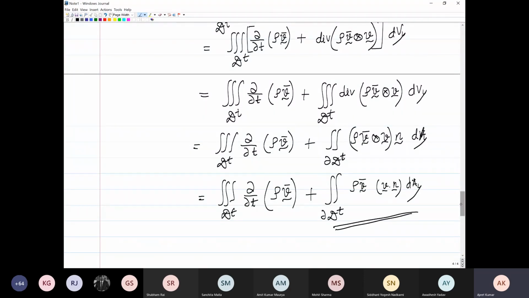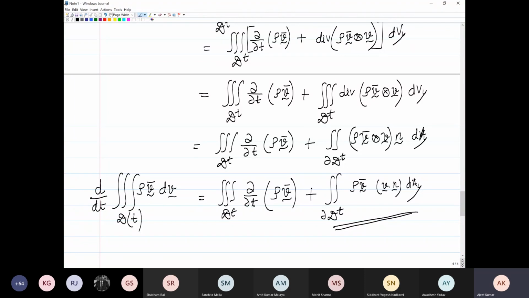People from fluid mechanics would be able to relate it very easily. What is the second term here? Remember that this is the d dt of this dt here, still from fluid mechanics.